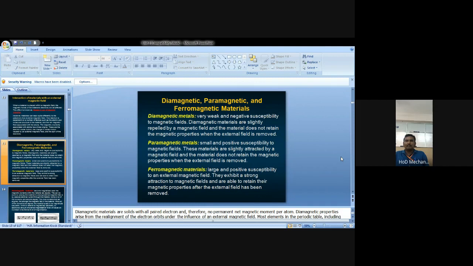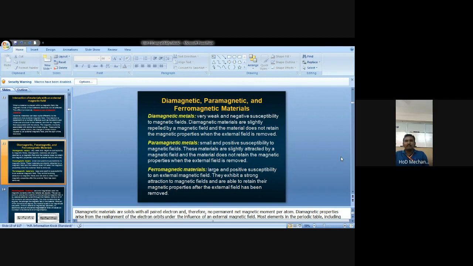These types of ferromagnetic material retain their magnetic property after the external magnetic field, that means the permanent magnet, is removed.